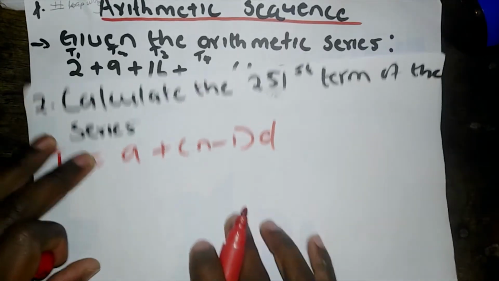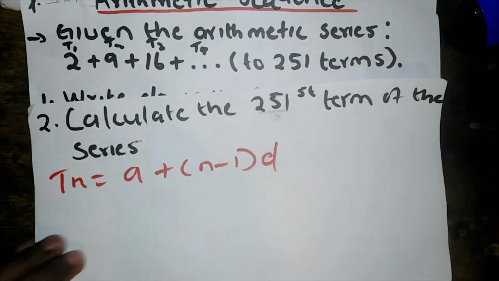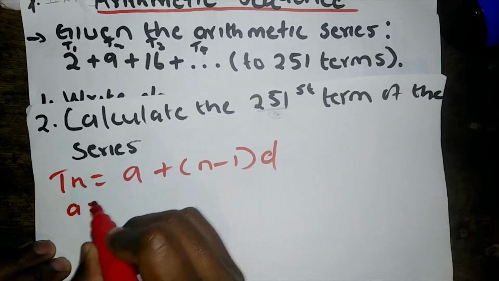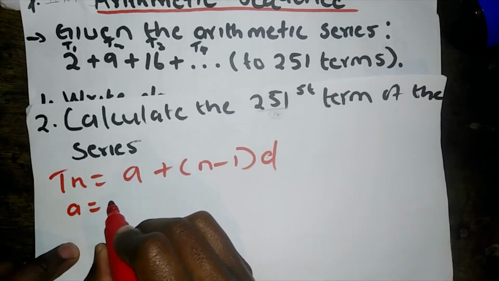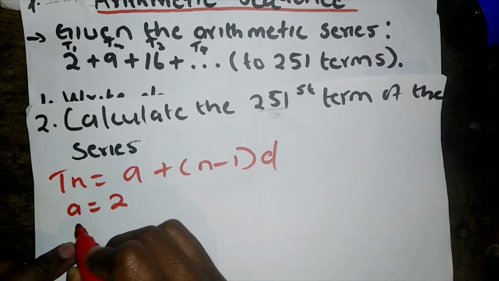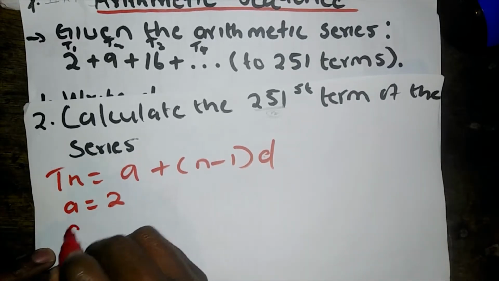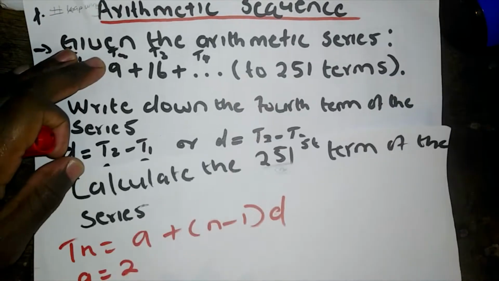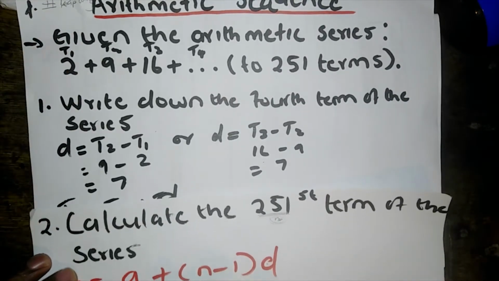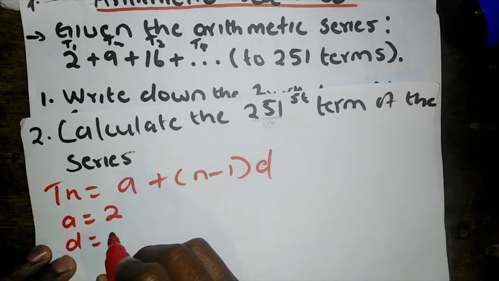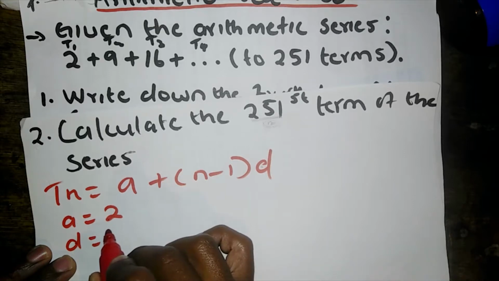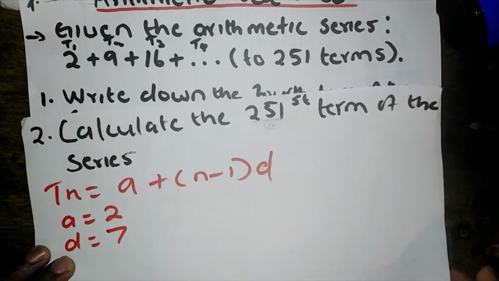So what you must know here, what's your first term? Your a here is equal to 2, and your d, the difference, is 7.